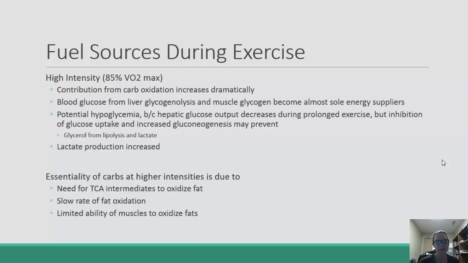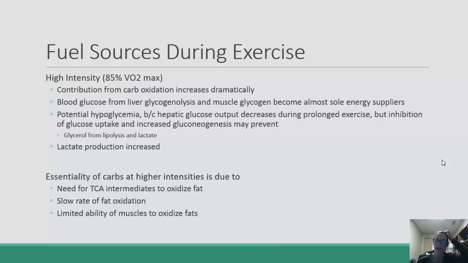Now, at this point, we are using the glucose so quickly because we are doing such high intensity exercise that there is the potential for hypoglycemia. But our bodies do have a feedback mechanism.